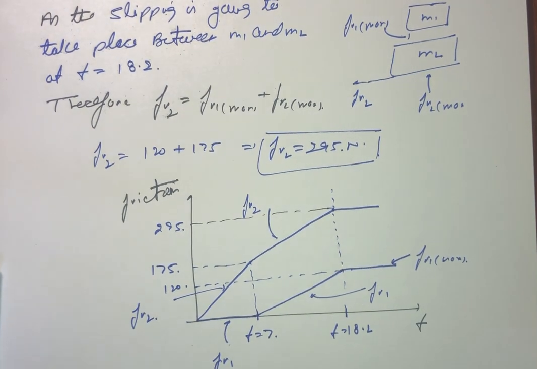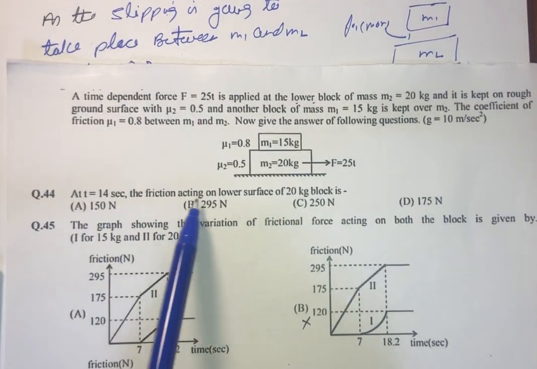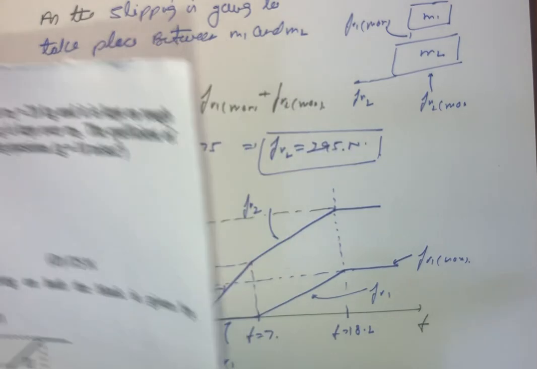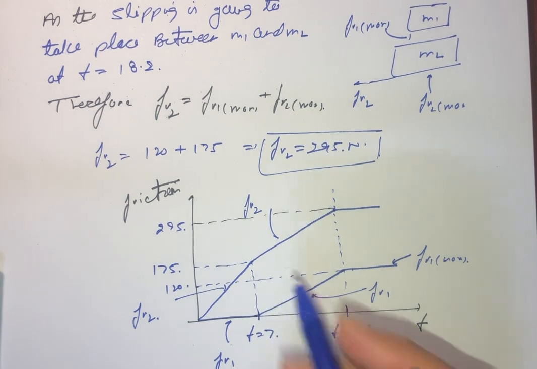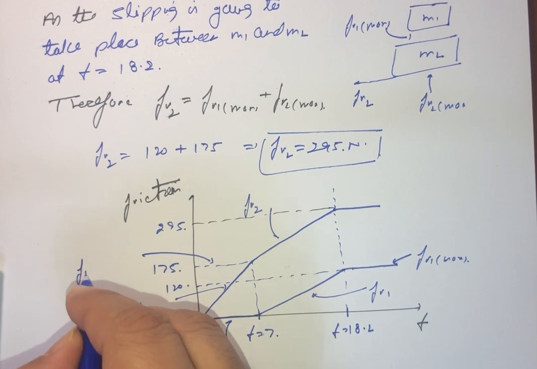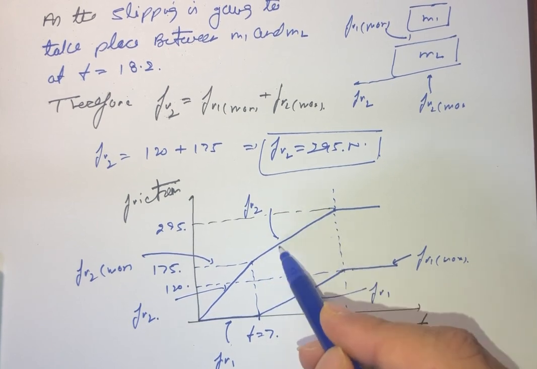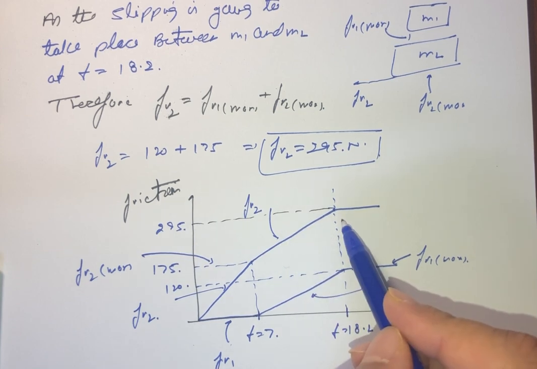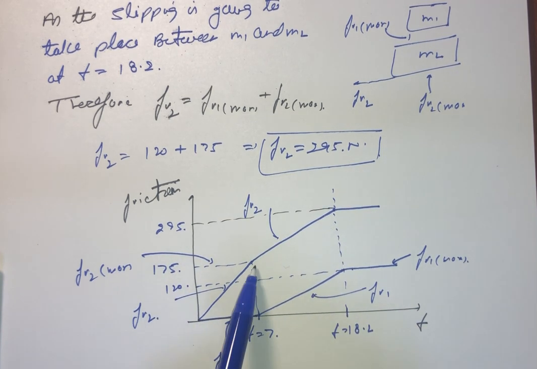Now there is another thing asked, that at t is equal to 14 seconds, the friction acting on the lower surface of 20 kg block is, so we already know the value of FR, let me write it here, this is FR2 max. Okay, this value, this is because of the relative motion between the M1 and M2. Okay. If there would have no relative motion between M1 and M2, the graph would have stopped here.